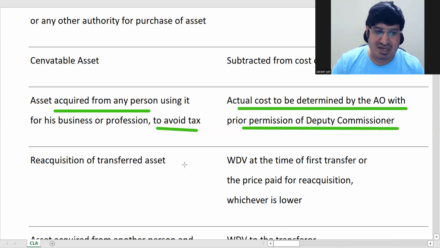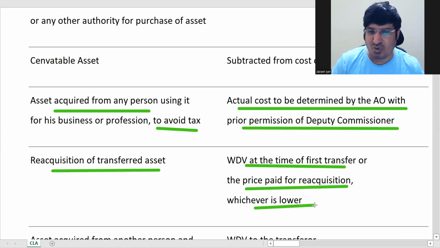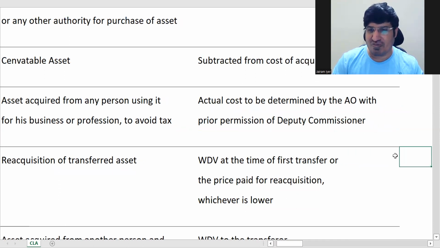Okay. Now, let's go to the second point, reacquisition of transferred asset. Here it is WDV at the time of the first transfer or price paid for reacquisition, whichever is lower. Now take the same example.